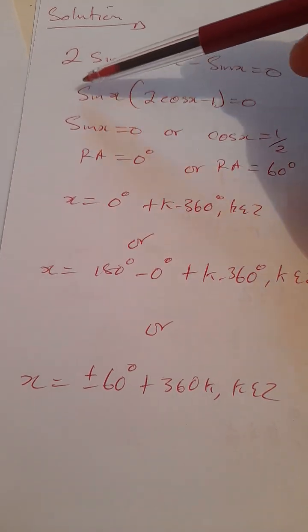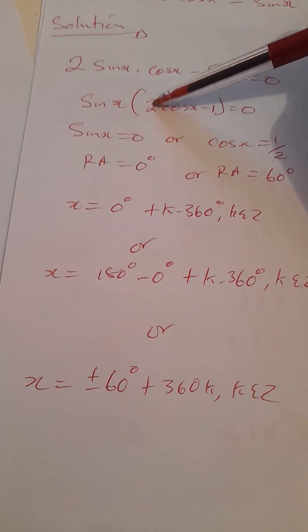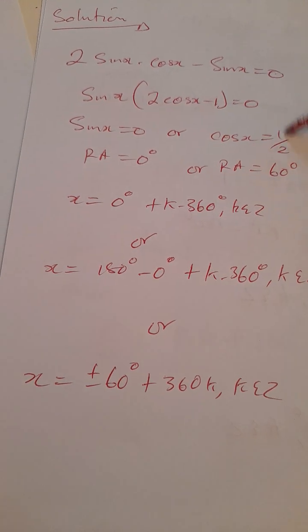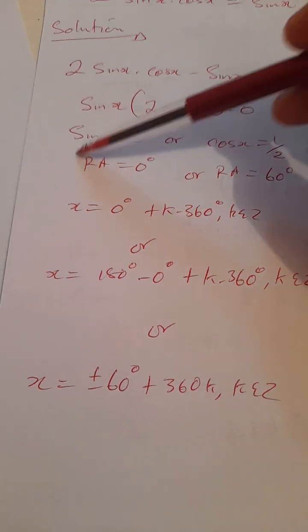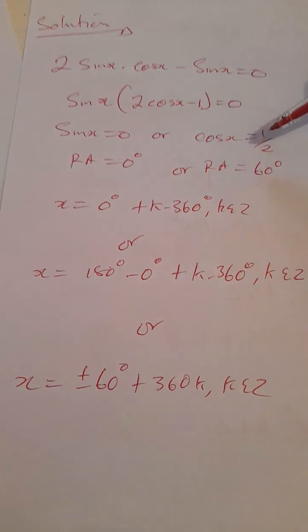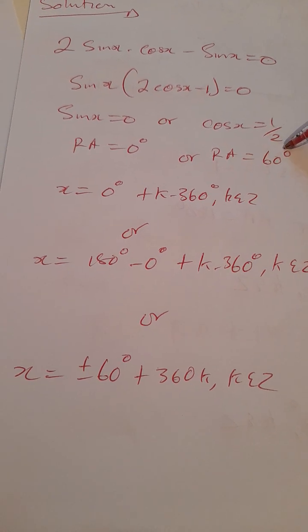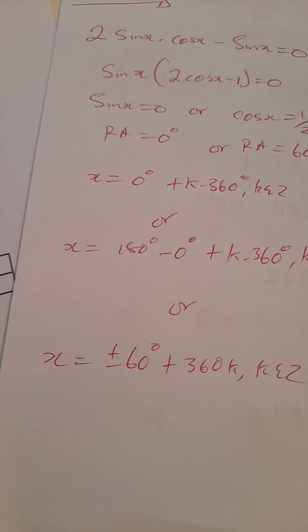So now you can say sine x is equal to 0, or 2 cos x minus 1 is equal to 0, so cos x is equal to half. The reference angle for when sine x is equal to 0 is 0 degrees. Then when cos x is equal to half, the reference angle is 60 degrees.